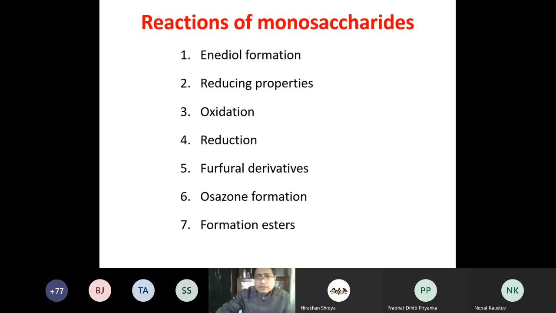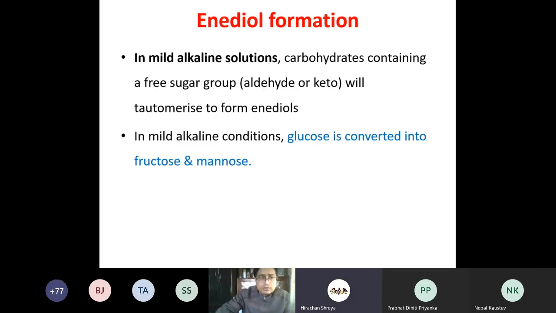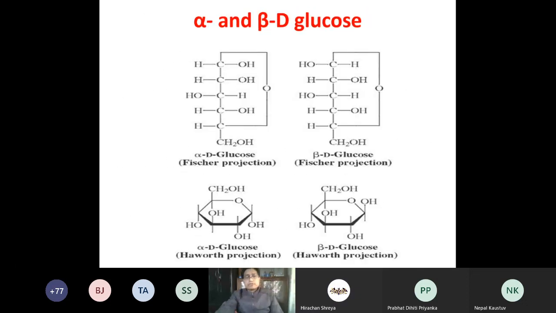Has it stopped? No, sir, not stopped, but many slides have passed. Instead of trying to make it full screen, the conversation is here.